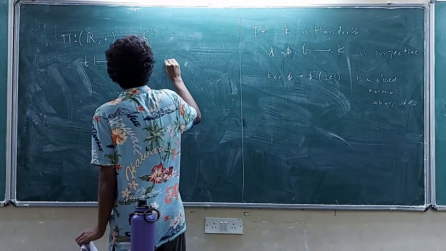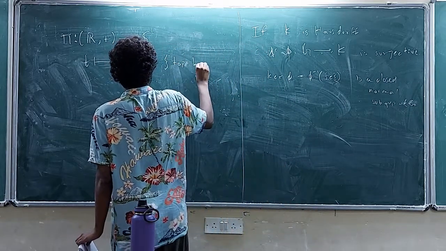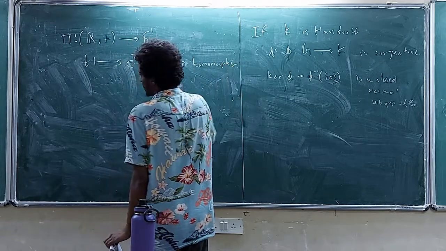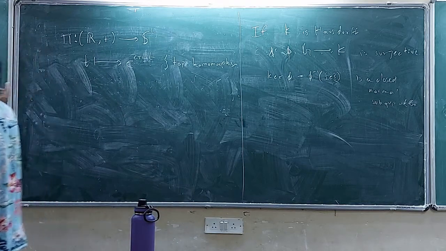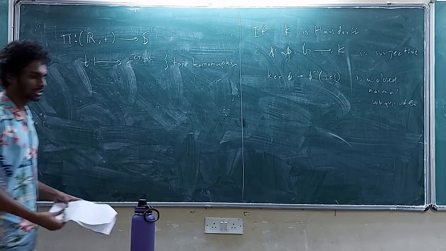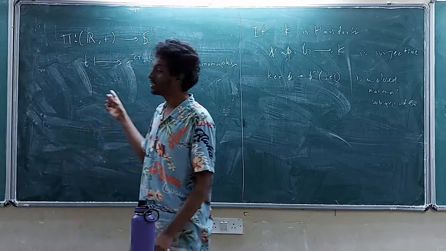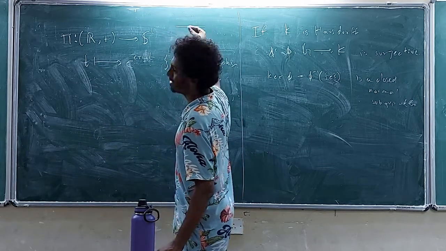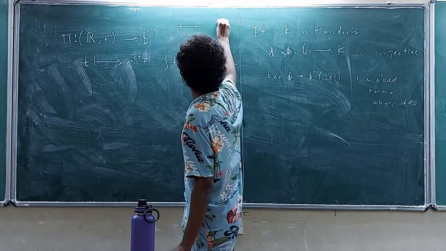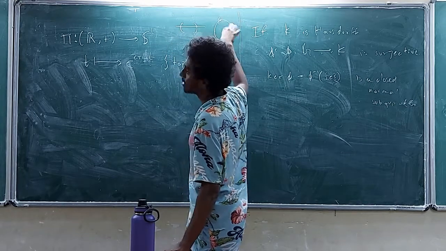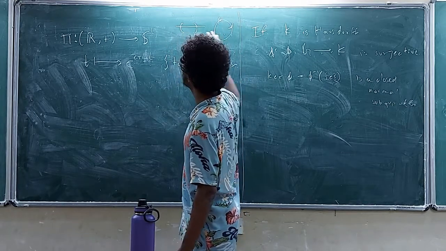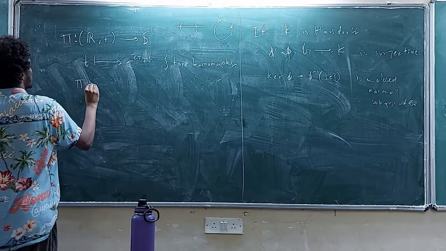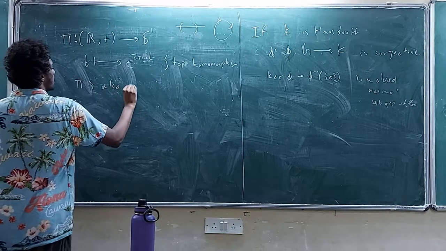So nothing special to verify here. This is a standard map between two metric spaces, and we know that exponentiation is continuous. But more than that, exponentiation is an open map. And you can verify that because every open segment here will go into an open arc over here on the circle. So pi is also an open map.